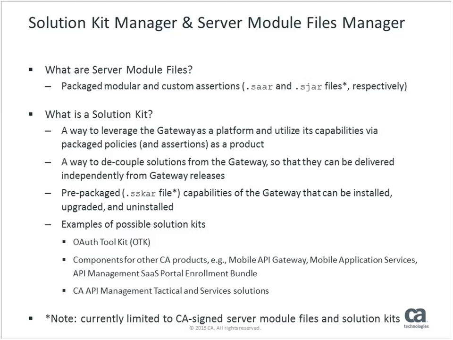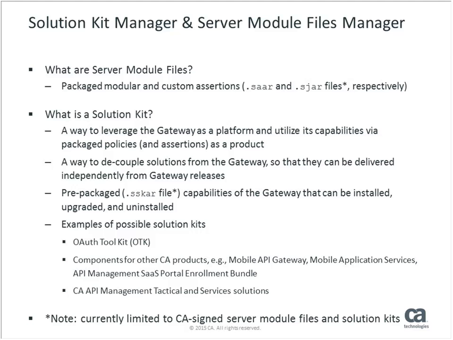So as I said, the OAuth toolkit is an example of a solution kit in the 9.0 release. Other features, such as the mobile API gateway, the MAG, the upcoming mobile application services product, as well as that APIM SaaS portal enrollment bundle that I talked about earlier, are all things that will be packaged as solution kits, and so they'll be easily installable and maintainable within the gateway.